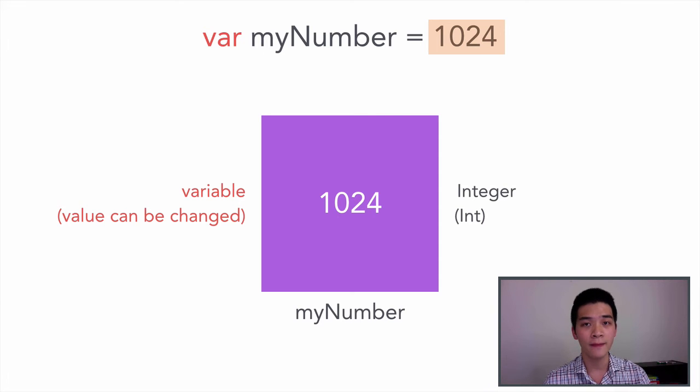So whenever we declare a variable, var my number equals 1024, we tell Swift several pieces of information. First, it will create a placeholder for the variable and put the value 1024 inside it. It will name the variable my number according to the name that we give it. It will know that this is a variable, whose value can be changed. And it will know that the type of this variable is an integer, which is an int.